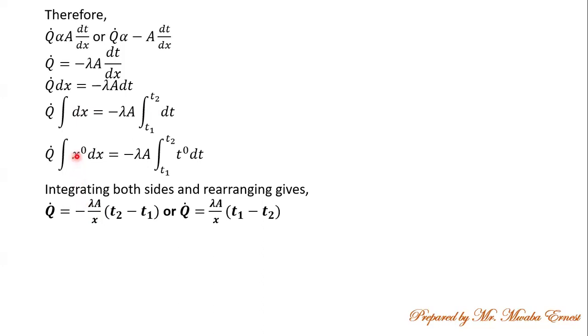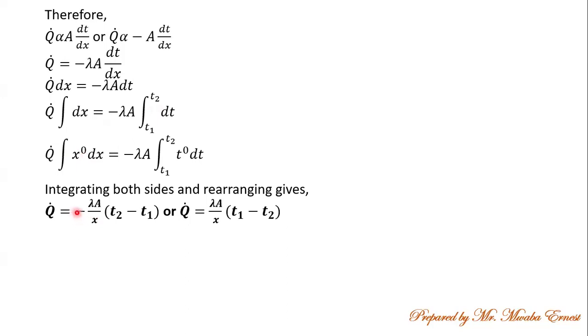I'll have x and Q, so I'll have Qx on this side. But here I'll have lambda A and T. When I try to apply the limits, I'm going to have T2, substitute again T1. So I have T2 minus T1. The negative is still there.